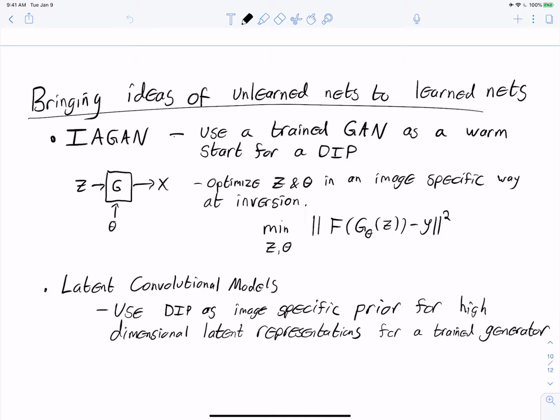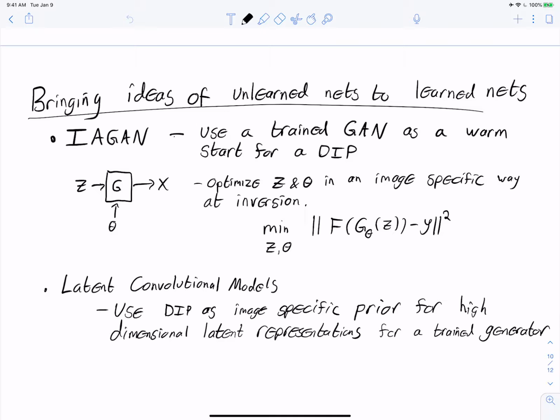We have some generative model G, which was trained. It's going to take some image-specific Z, and then some image general theta, and then output X given Z and theta. In the image adaptive GAN, what they'll do is they're going to optimize Z and theta together in an image-specific way at inversion time.